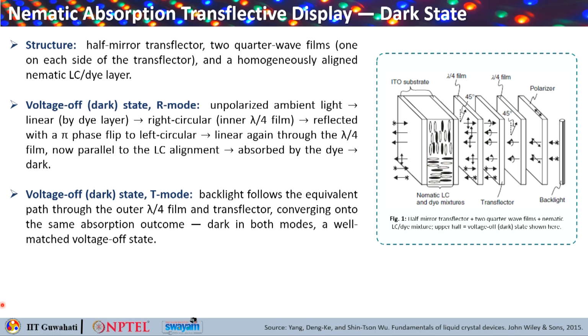So what you see here is that there is a symmetry, and that is exactly what makes the voltage off state a clean and well matched dark state in both modes simultaneously, and this is one of the major goals of transreflective pixels.